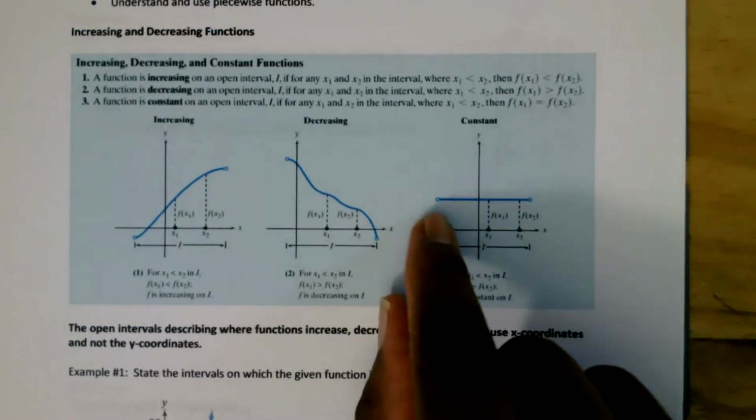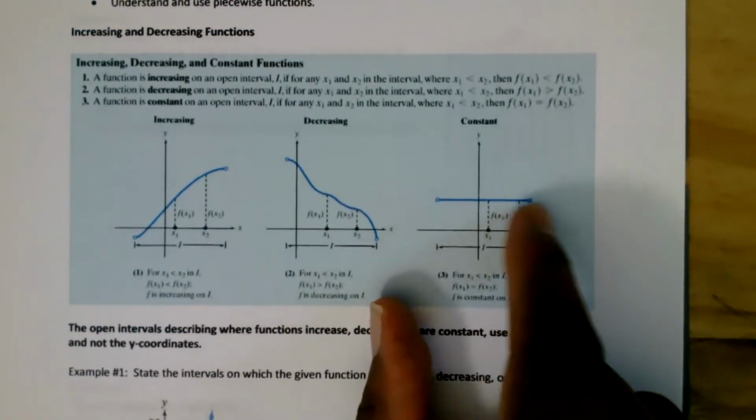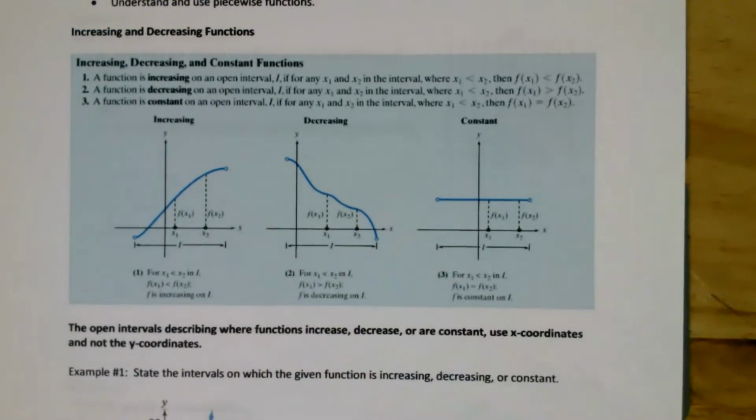And constant means that the line is a flat line. Okay. And we always use open intervals to describe whether functions are increasing, decreasing, or constant. And we use only the x coordinates and not the y coordinates.